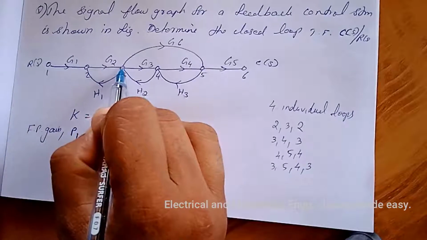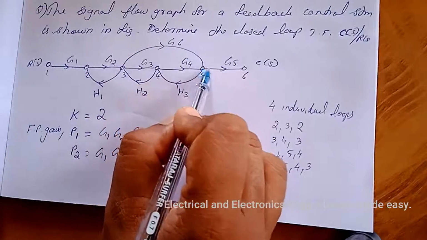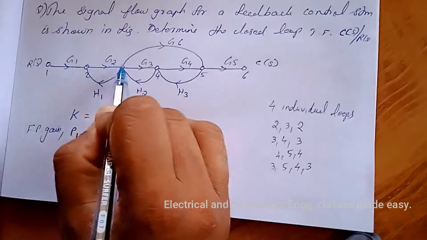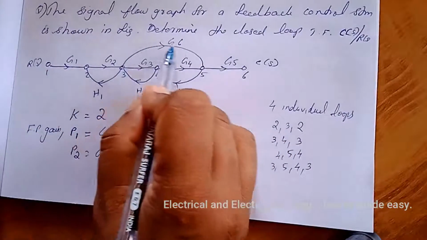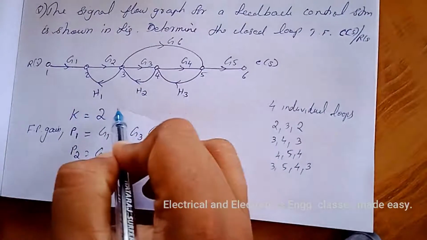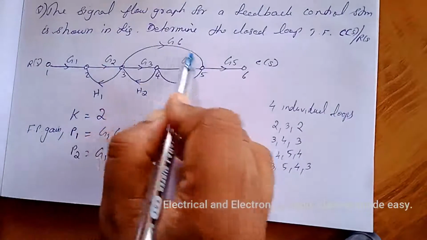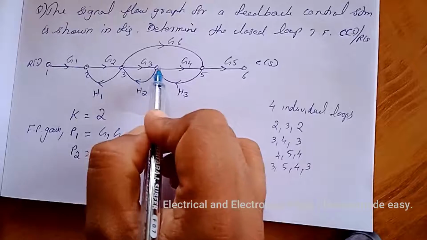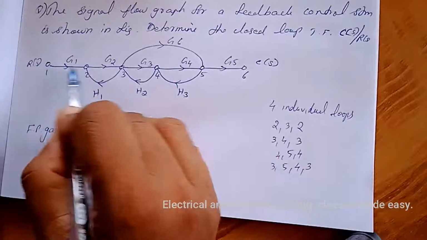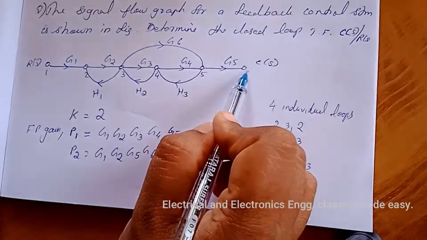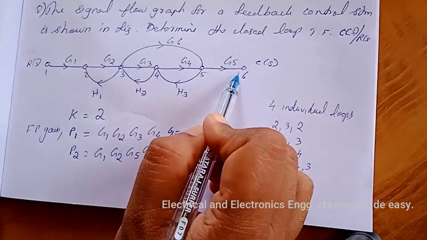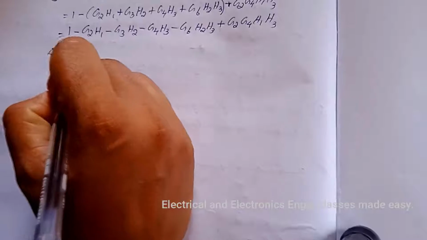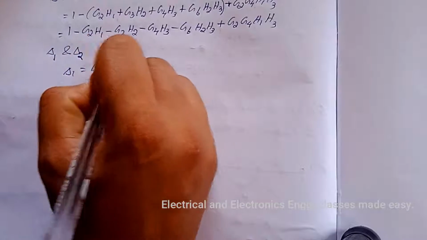Delta 2 is for that part of the graph which is not touching the second forward path. So this is the second forward path and there is no individual loop which is not touching the second forward path. So delta 2 is also equal to 1. So delta 1 equals delta 2 equals 1.